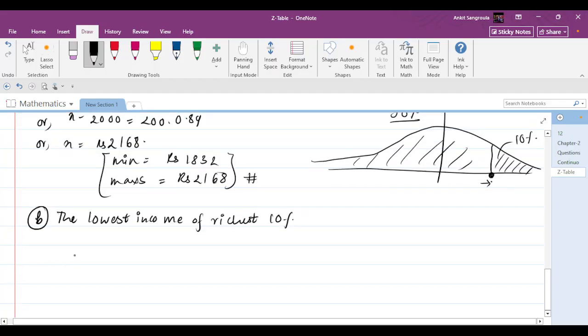So now if you just draw the probability graph, you are going to write P(Z is less than (x minus mu) by sigma) equals 0.9.